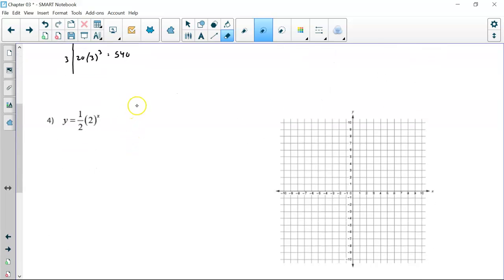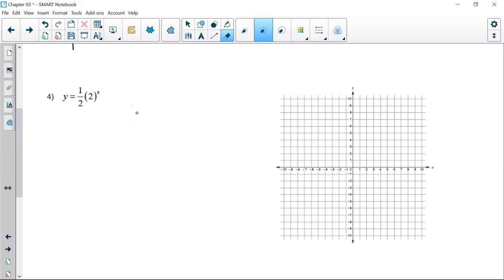Let's do another one, a little bit smaller, 1/2 times 2 to the x. -2, -1, 0, 1, 2, 3, and 4. So it's 1/2 times 2 to the -2nd. It's 1/2 times 1/2 squared.